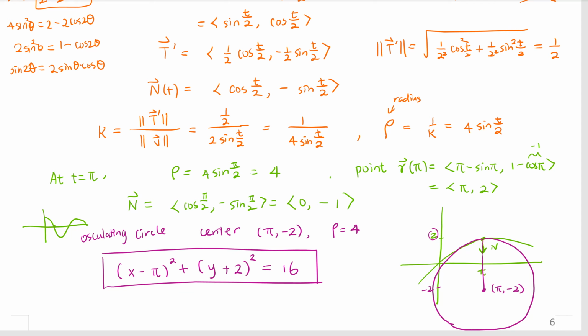So in this problem, it is easy because our principal unit normal vector is pointing down. So we have the x coordinate is pi, and then the y coordinate we just have 2 minus 4. It's minus 2. Okay, so we mark here. So what happens if our n is not vertical going down?